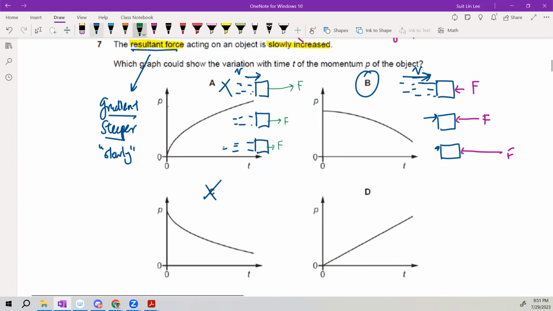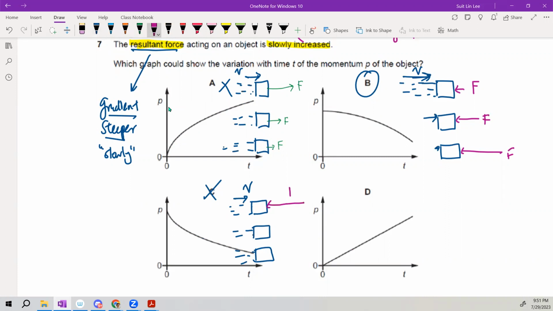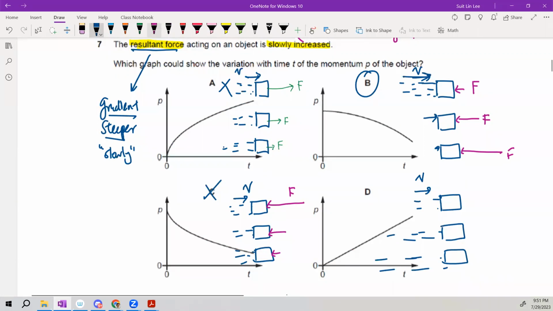So for C, the momentum is decreasing. I'm going to draw some smoke trail to represent the direction of V. This means that my force starts off very large and then it decreases and decreases. Whereas this one is just constant force in the same direction of velocity. What's this one? Because obviously the object will move faster and faster, but the force is constant.